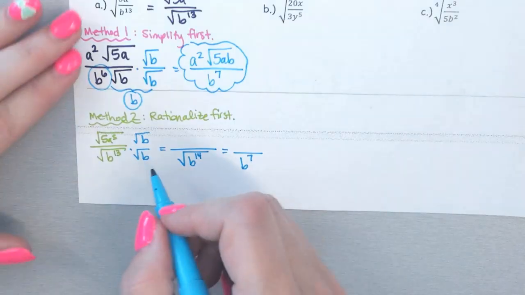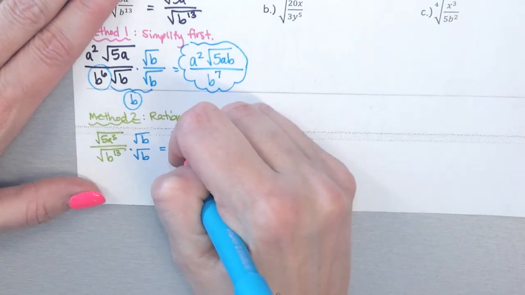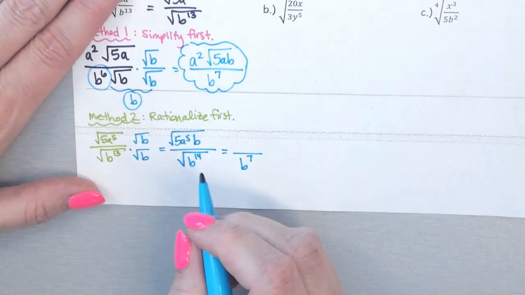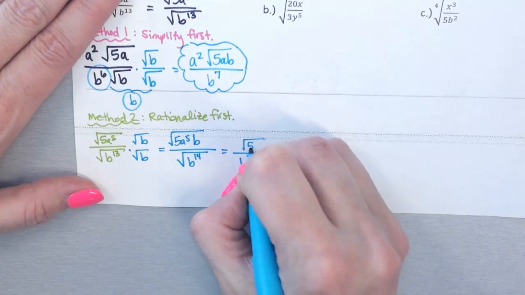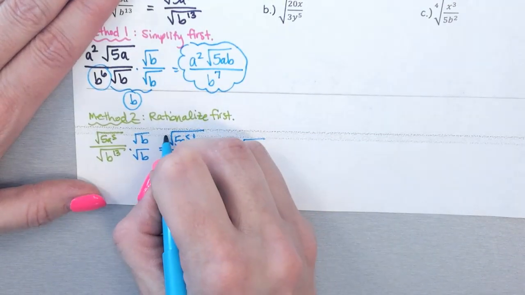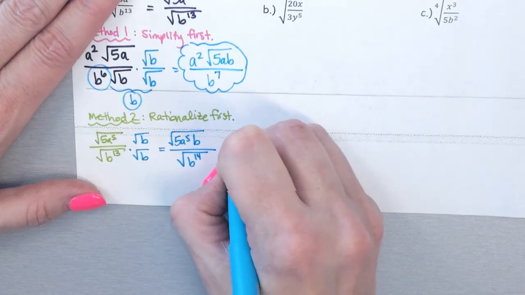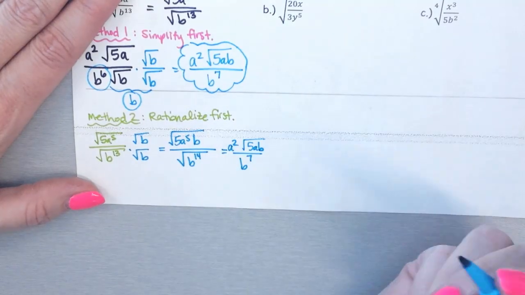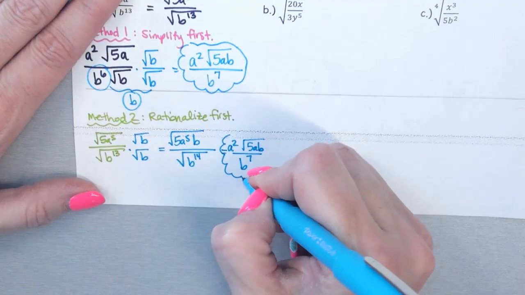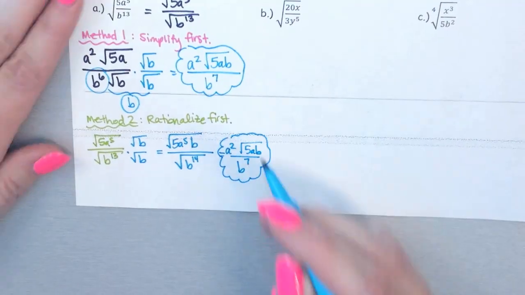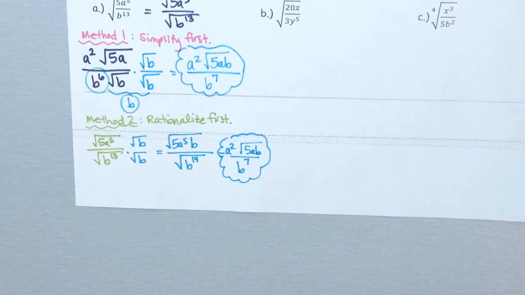And then you would just have to simplify the numerator. Again, 5 is going to stay underneath. 2 goes in there 2 times, 1 left over, and then there's not enough to take any of the b's out. So you get the same thing, all right?